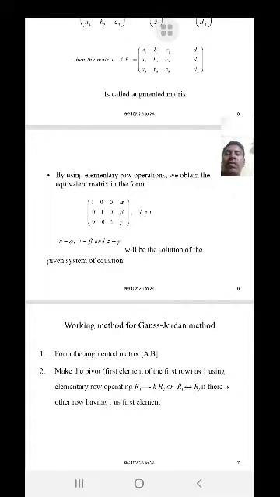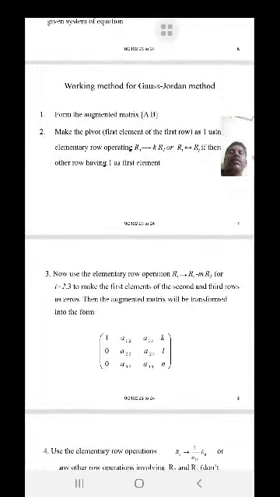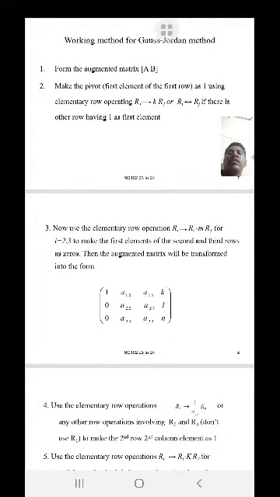So see here, the working method for the Gauss-Jordan method. First, form the augmented matrix AB.